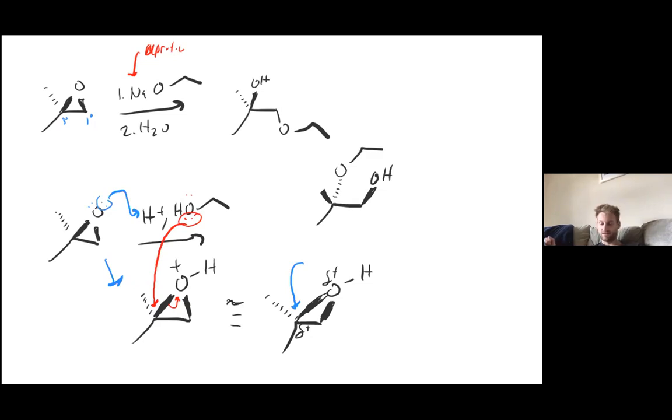Giving us this opposite ether alcohol situation. So on our aprotic example, we ended up with the ether on our primary position, the alcohol on our tertiary. For this protic example, we ended up with the alcohol on our primary and the ether on our tertiary.